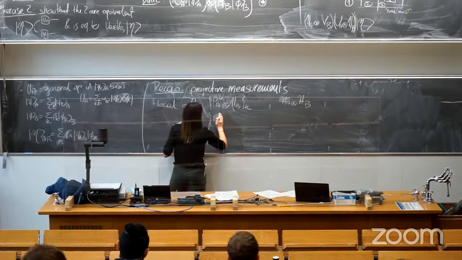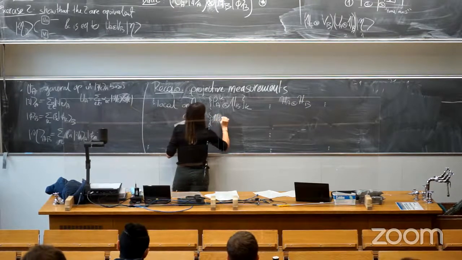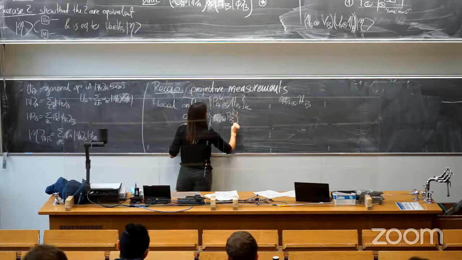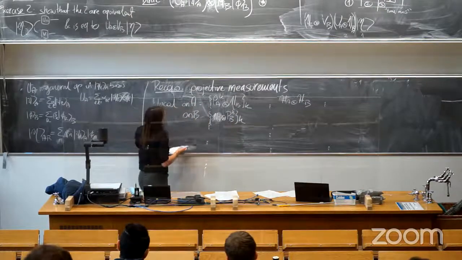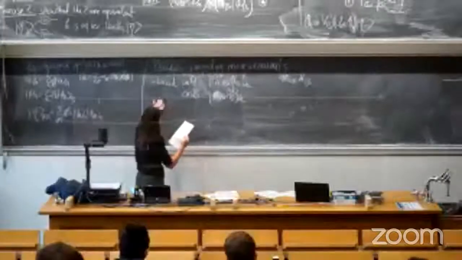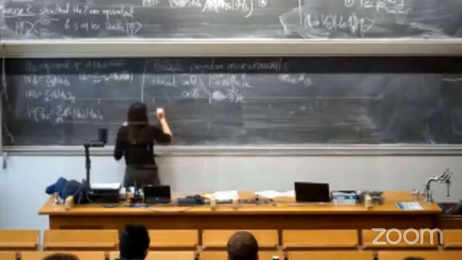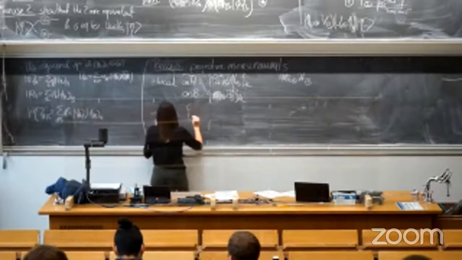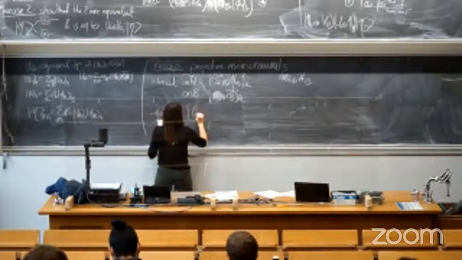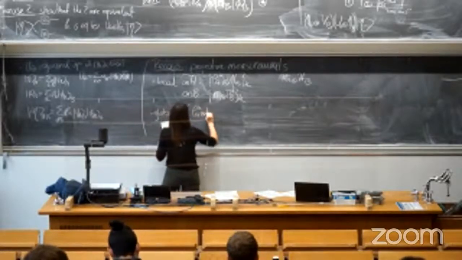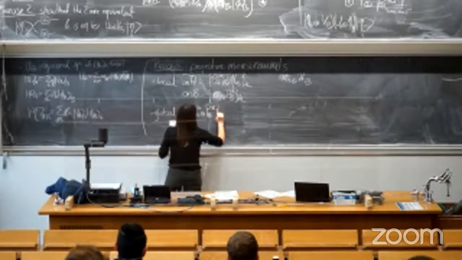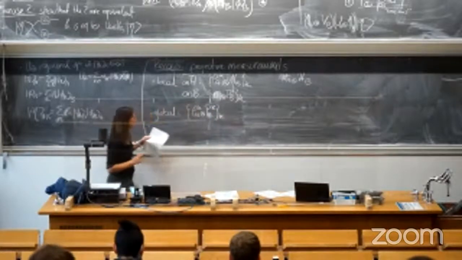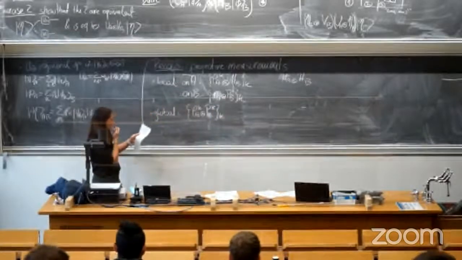Sorry, this is identity on A, and then B K. And the global operation is just a combination of the two, exactly what we saw for P_A,K and P_B,K, over a state K.